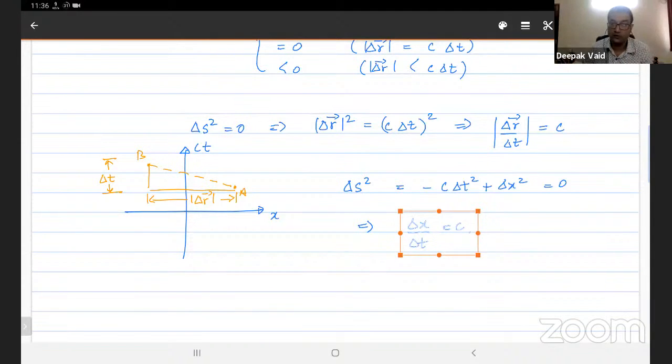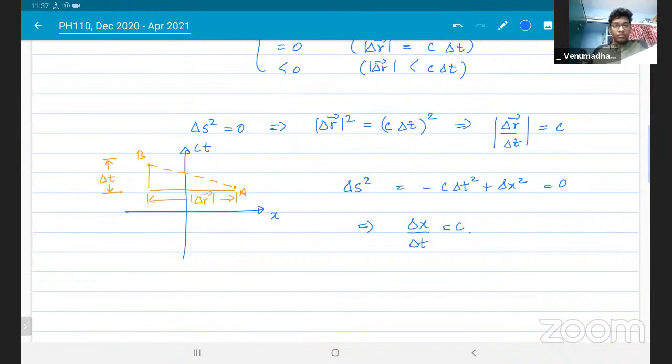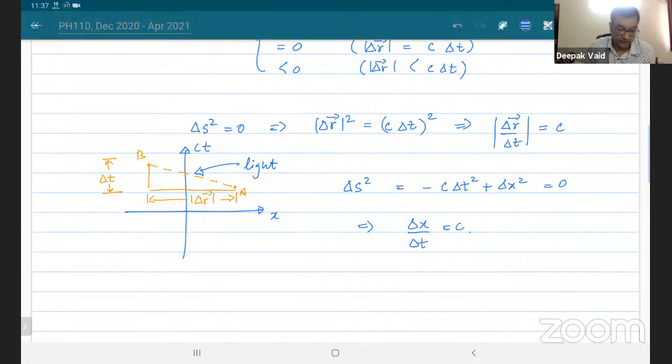And so that line would correspond to what physically? Something that has a speed equal to light, right? So that line corresponds to something that is moving at the speed of light. We can just think of it as light.